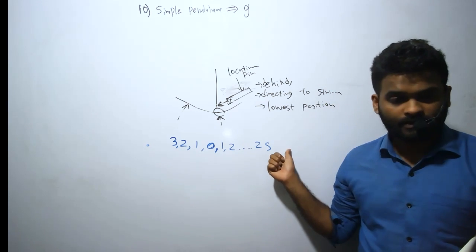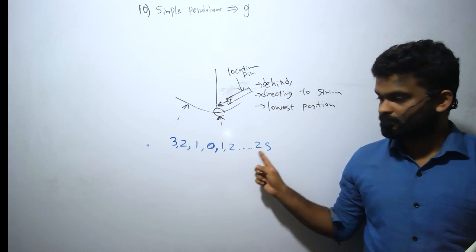Just write this one: 3, 2, 1, 0, 1, 2, up to 25.